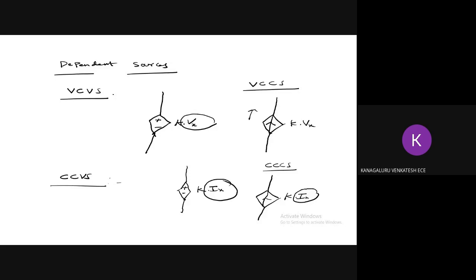For example, maybe I can write here 2 into Vx. This may be 4 into Vx. It could be any value. 6 into Ix, where 6 is a constant and Ix is the controlling parameter. Maybe simply 1 into Ix. 1 is a constant, and it depends on the current parameter Ix.